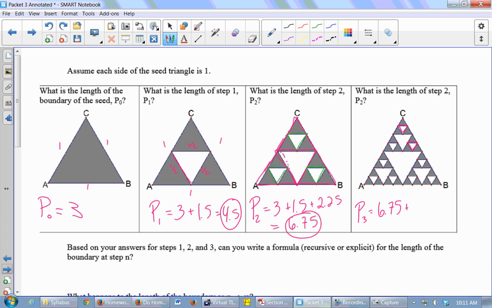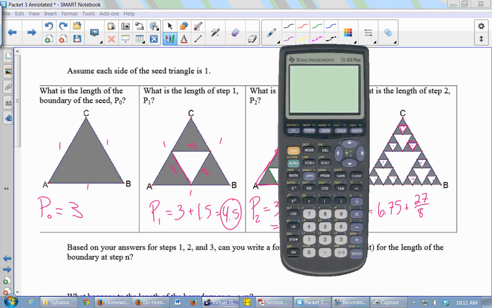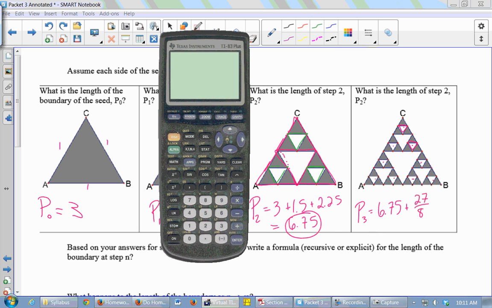So each one of these triangles has perimeter 3/8, and I've got 1, 2, 3, 4, 5, 6, 7, 8, 9 of them. 9 times 3/8 is 27/8. I'm going to have my calculator do that. 6.75 plus 27/8 is 10.125.